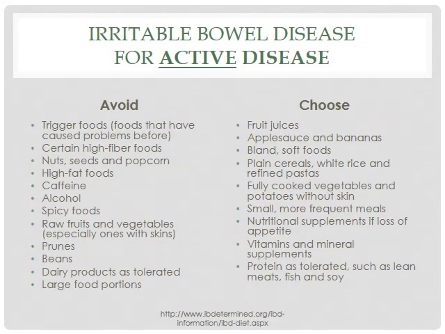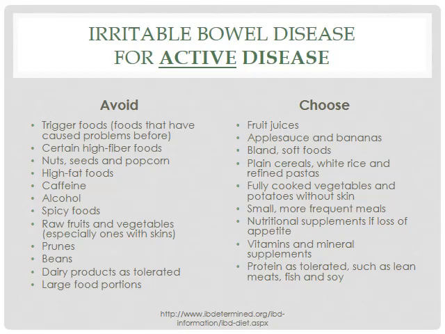Inflammatory bowel disease, for active disease. Avoid trigger foods, foods that have caused problems before. Certain high-fiber foods. Avoid nuts, seeds, popcorn, high-fat foods, caffeine, alcohol, spicy foods, raw fruits and vegetables, especially ones with skin, prunes, beans, dairy products as tolerated, and large food portions.